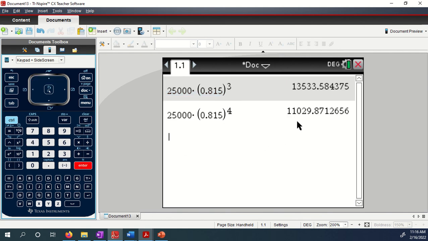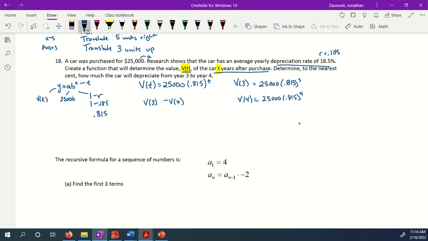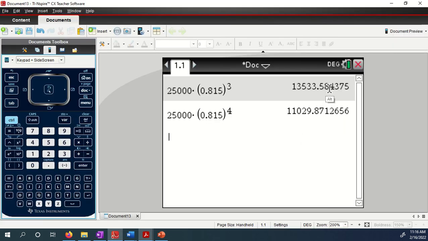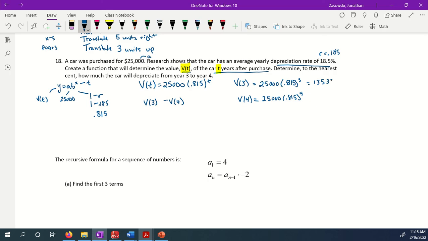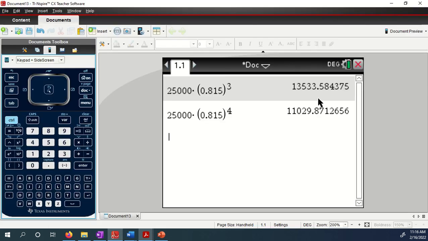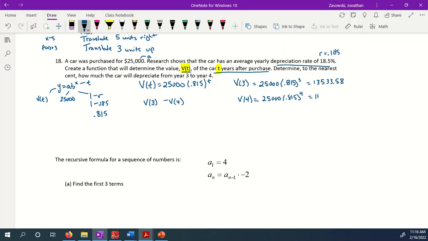Okay, so we have $13,533.58 for the first one. The second one, v of 4, is $11,029.87.